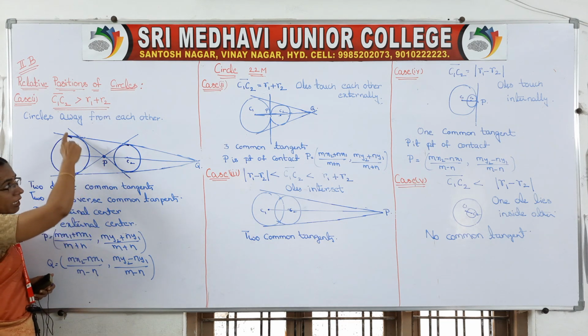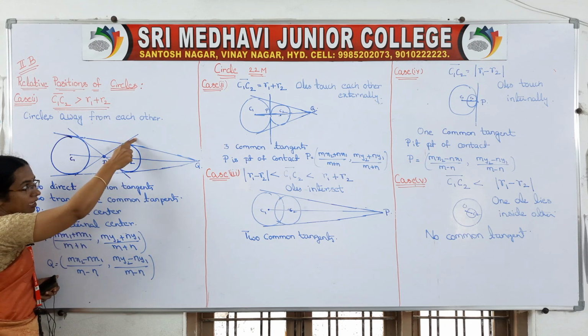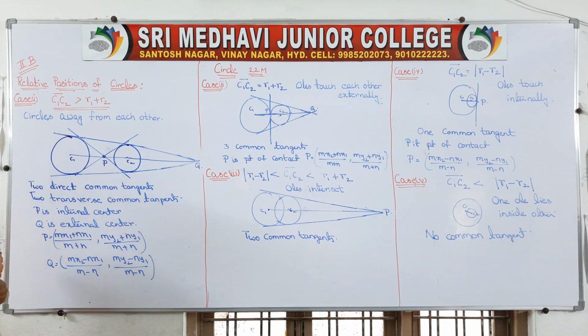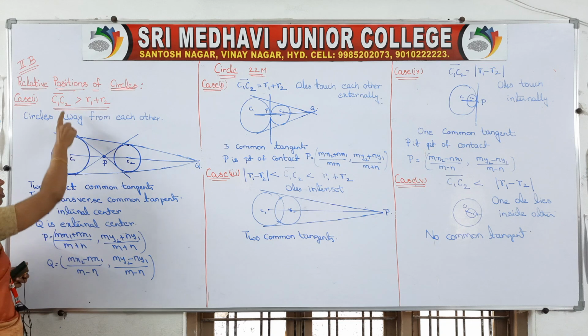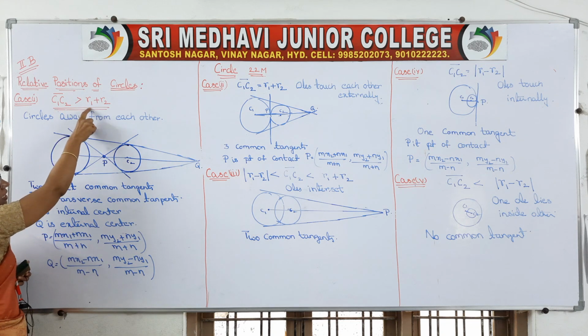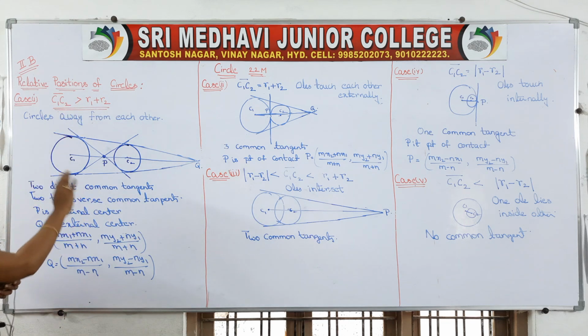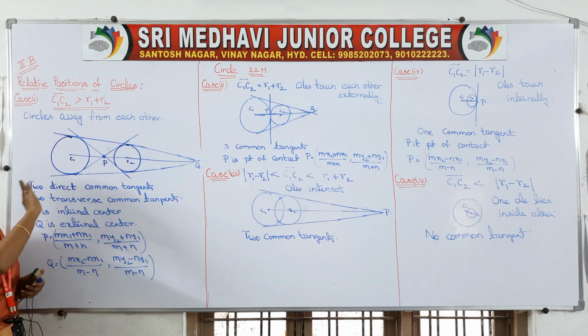The point of intersection of the transverse common tangents is P, and P is said to be the internal center. Once again, if two circles are given to you, you have to check the condition of C1C2 against R1 and R2. If it is greater than R1 plus R2, the two circles do not touch each other.